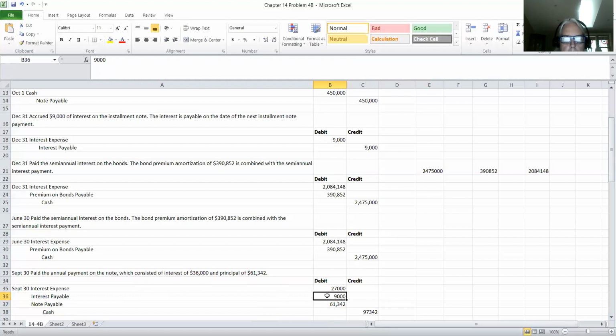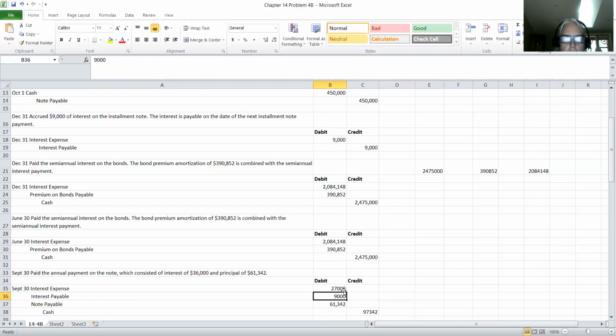Our interest payable also has to be reduced because if you remember, we created an accrual at December 31st from a previous journal entry of $9,000. That interest payable now, we are paying in this particular journal entry.